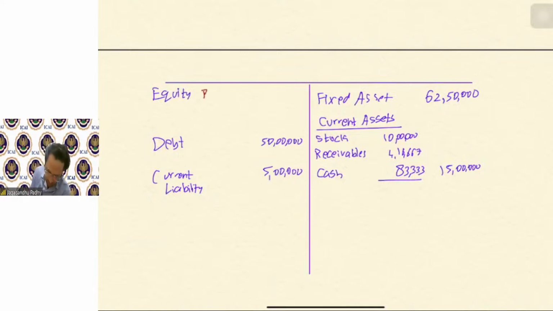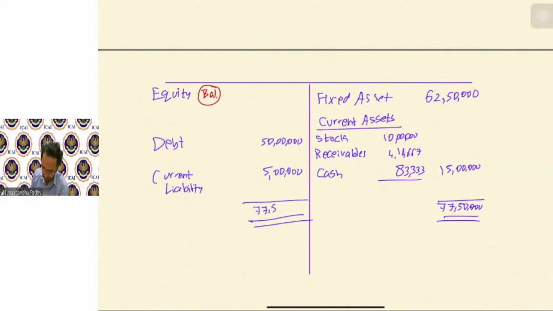And this is going to be the balancing figure. The balance sheet tallies at 77 lakh 50,000. This side it is 77 lakh 50,000. Now equity is 22 lakh 50.